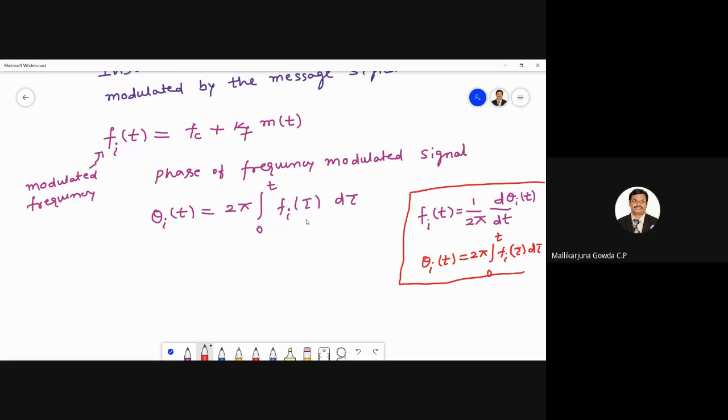Now let me substitute the value of fi of t in this equation and see what is theta i of t.